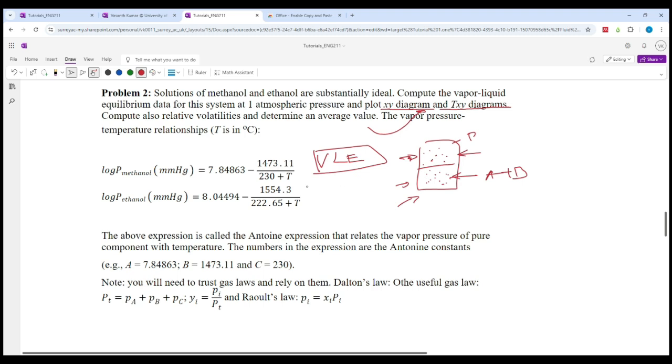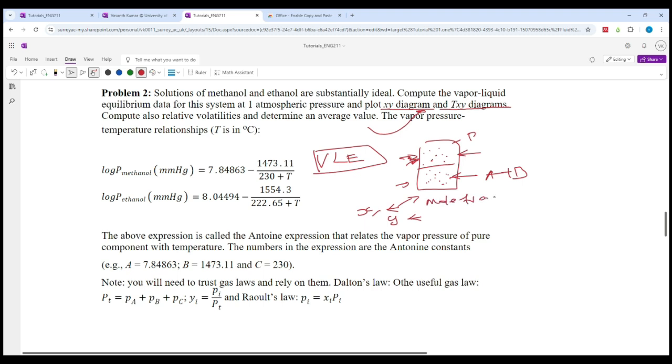And then we are going to define some notations. X refers to the mole fraction of the more volatile component in the liquid side, and Y is the mole fraction of the more volatile component in the vapor side. So these are some notations. I can write it here.